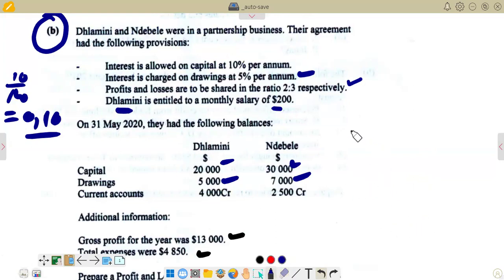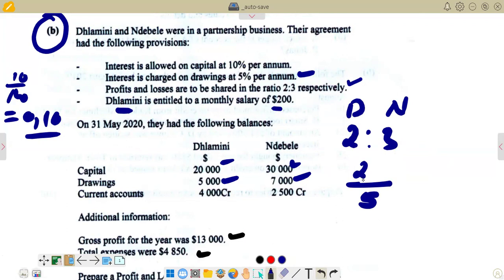So we are now saying 2:3, whereby this is for Damini and this one is for Tebele. Then if we add the 2 plus 3, we're going to get 5. So our denominator, we're going to use 5, and then for Damini the value is 2 over 5, and for Tebele it's going to be 3 over 5.